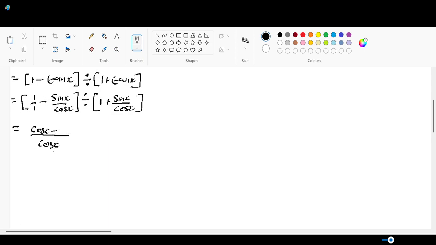Cos into cos is gonna be 1 multiplied by sine, we're gonna have sine x. Okay, let me just fix our x. There we go.